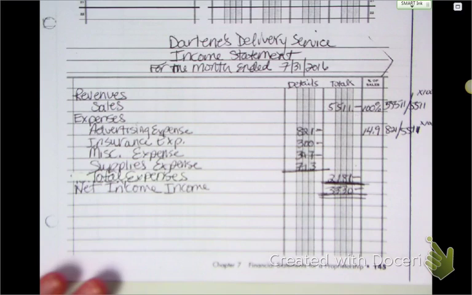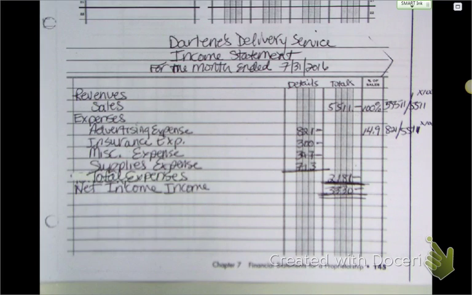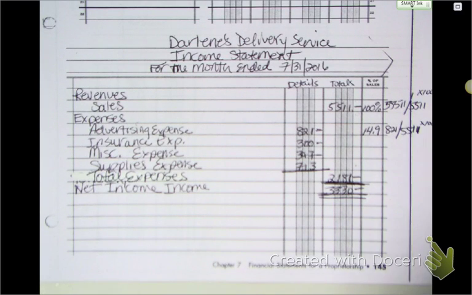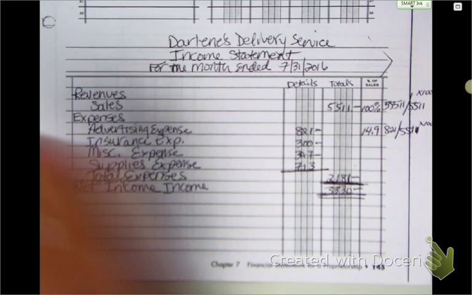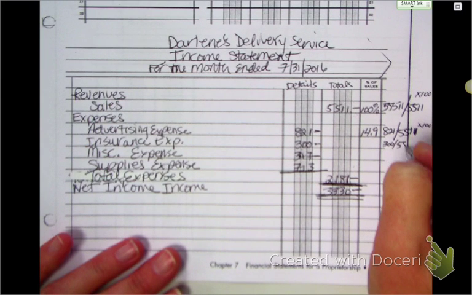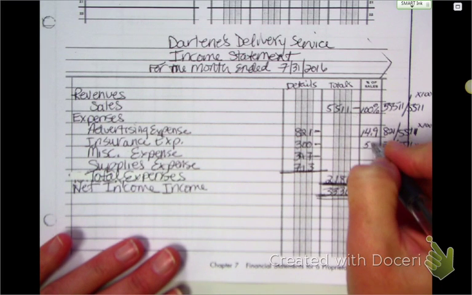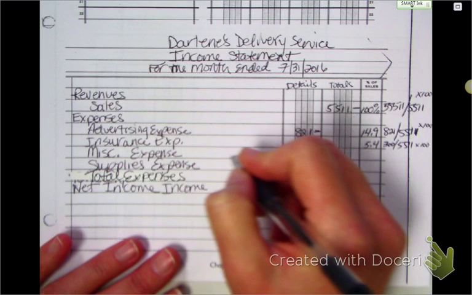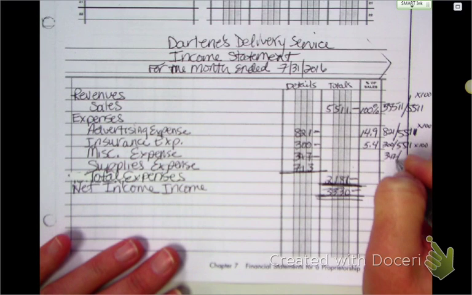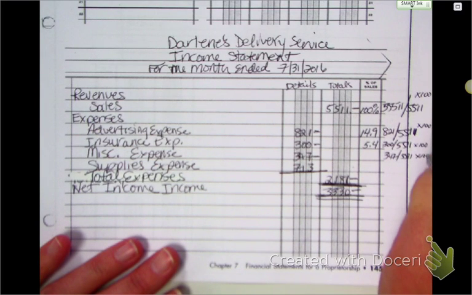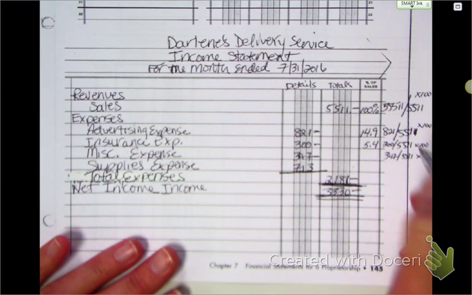14.9. These are divided by your sales, not your total expense. What are we trying to figure out? We're trying to figure out how much each one of those expenses represents of our sales. Okay, we want to know how much it represents of our sales. So we take the 300 and divide that by 5,511, multiply it by 100, and we get 5.4. Good. We do the same with miscellaneous, 347 divided by 5,511, multiplied by 100, and we get 6.3.